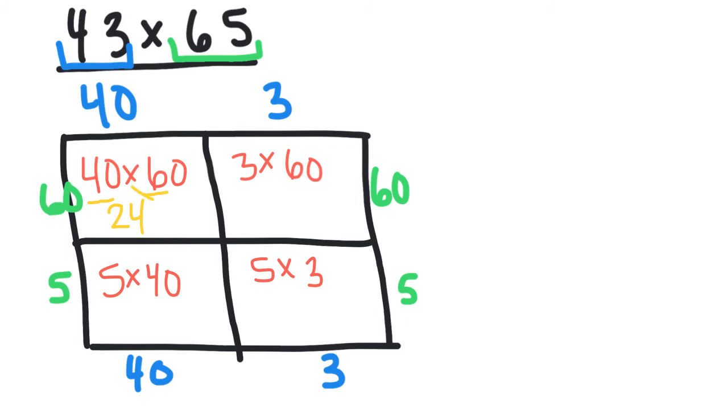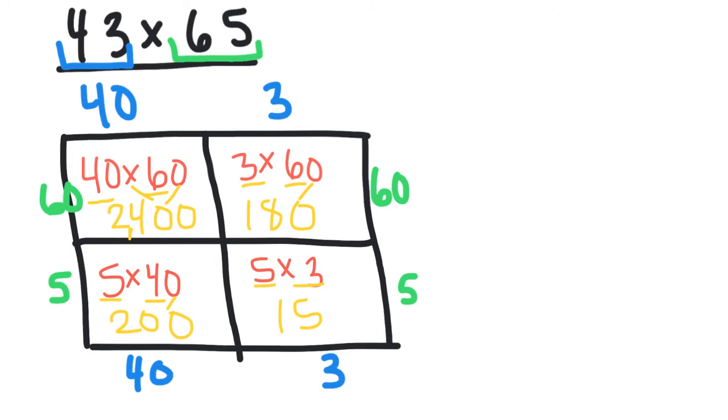And then I can go ahead and add those 2 zeros in to get 2,400. Down here, I have 5 times 4, which is 20. And then I can go ahead and add that 0 in to get 200. On the top right, I have 3 times 6, which is 18. And then add that 0 in for 180. And then here I have 5 times 3, which is 15.